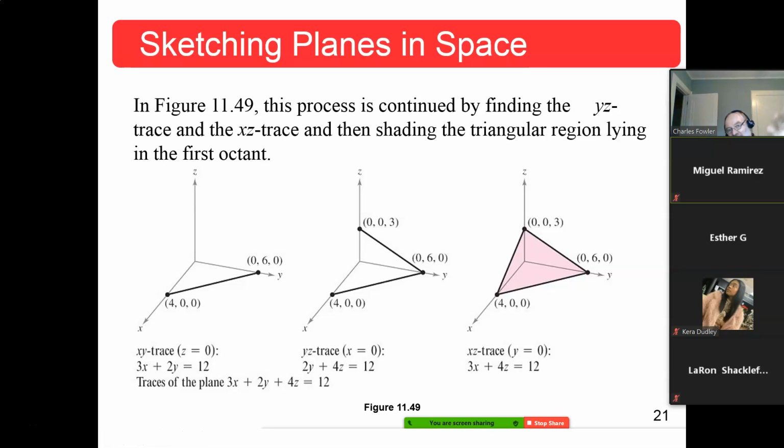It goes into the octant behind, to the left, down, it goes everywhere, but that triangular area is in the plane from there. So yeah, I think we've beat that to death. All right.